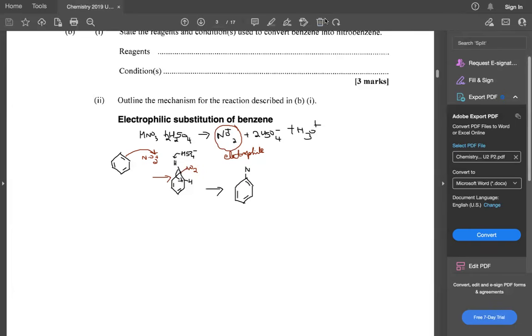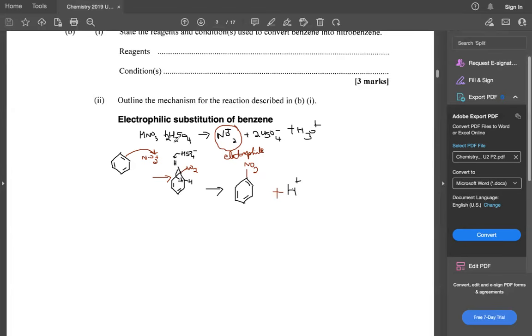So let me put that back in the electrophile color. So that will be NO2, right? So that's what we added on by substitution, or substituted our hydrogen for. Then, of course, that hydrogen that was taken off by this weak base is going to be here as well, right?